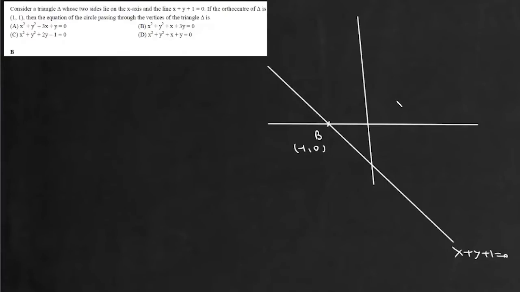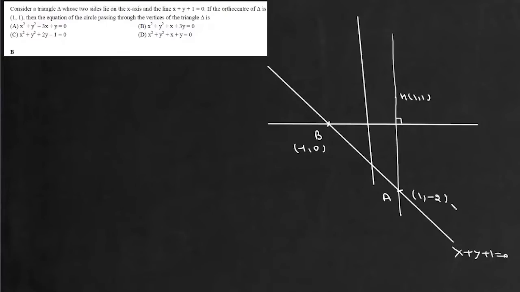So the orthocenter of this triangle is at 1 comma 1. Now one of the sides is the x-axis, so the perpendicular will pass through this point H, and that gives us another point on this triangle, suppose this point A. For this A, the x coordinate is 1, and if you put x as 1, we get y as minus 2.